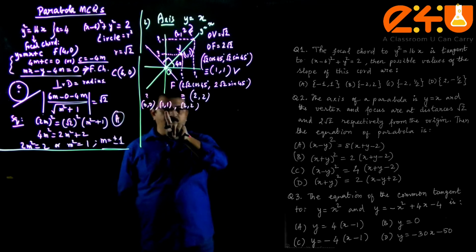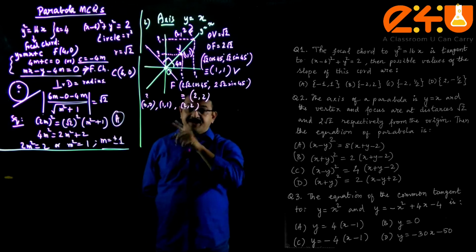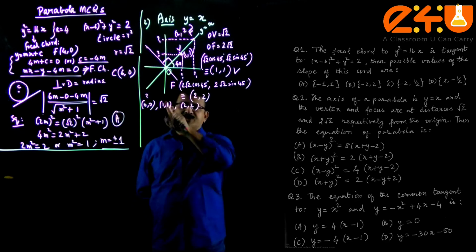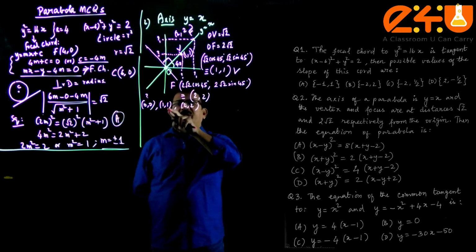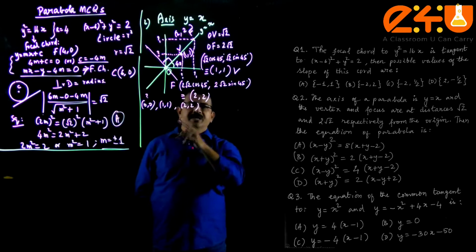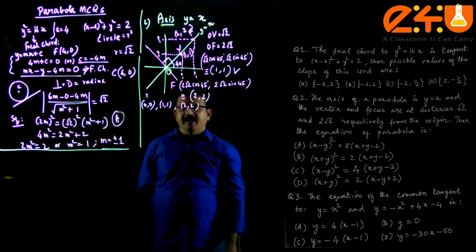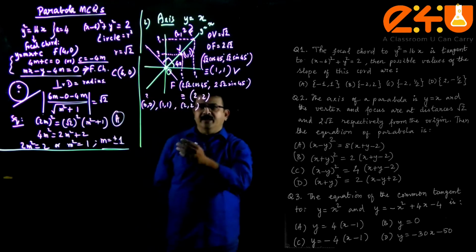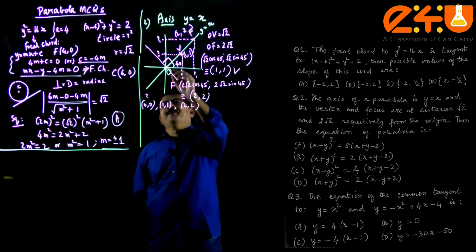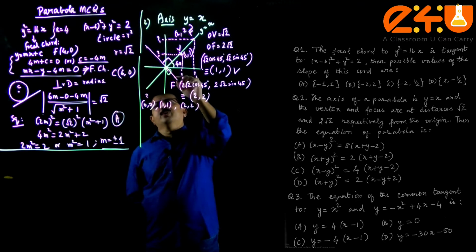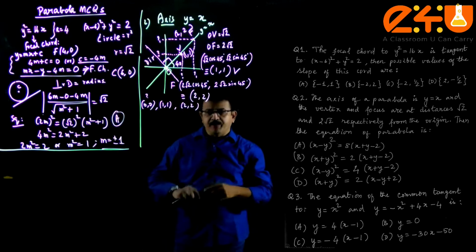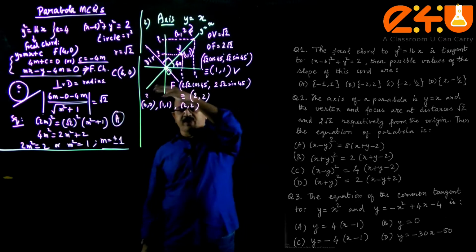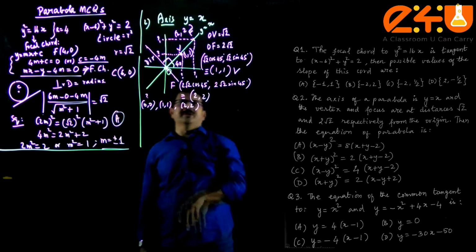Because of the midpoint formula, I told you in one of the previous sessions, multiply the midpoint by 2 and subtract the x coordinate of one end. Multiply the midpoint by 2 and subtract the y coordinate of the other end. So you get 0 comma 0. So you will understand directrix is a line perpendicular to the axis passing through origin.